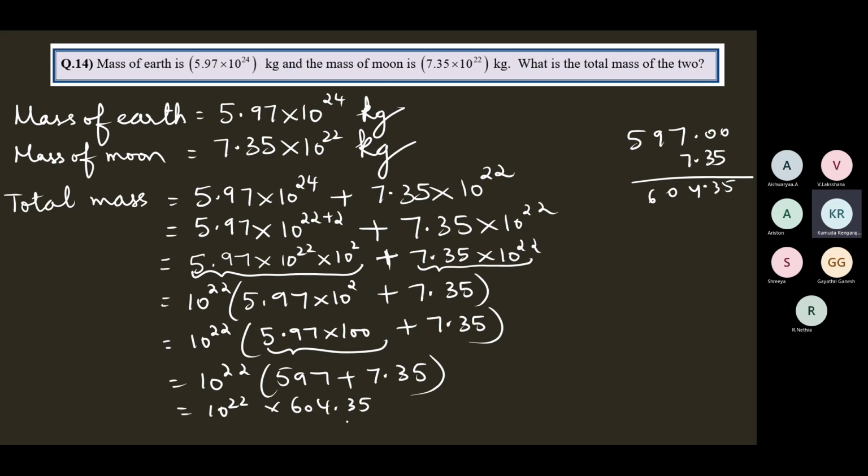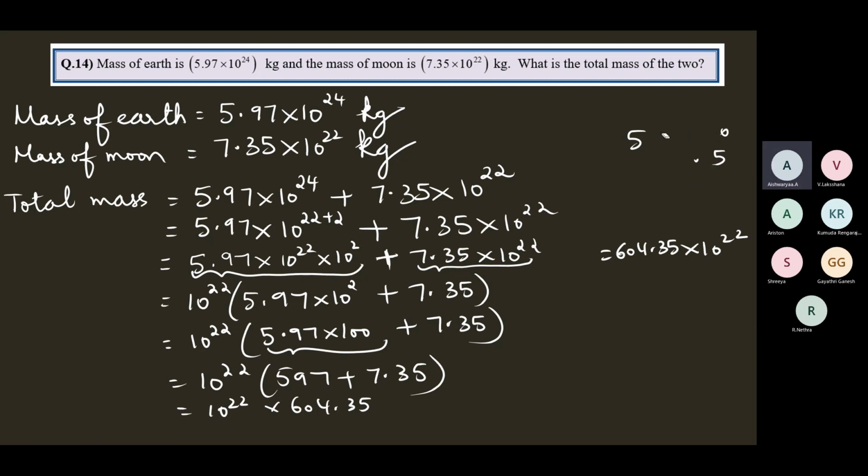Now this answer, the last step which we have now, is not in the standard form. So we need to write the last step in the standard form. That can be written as 604.35 into 10 power 22, which will be 6.0435 into 10 to the power 22.